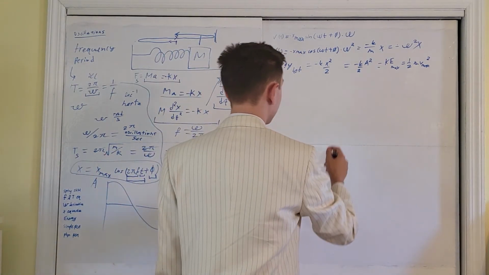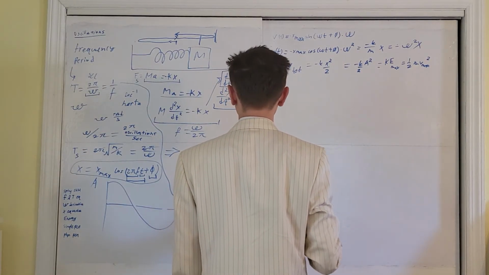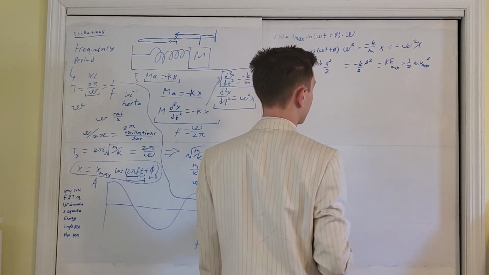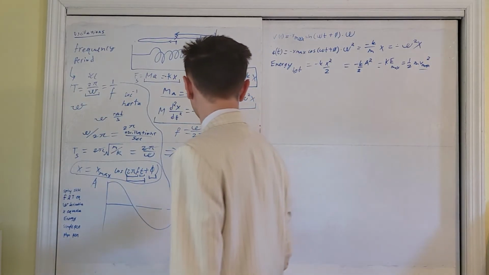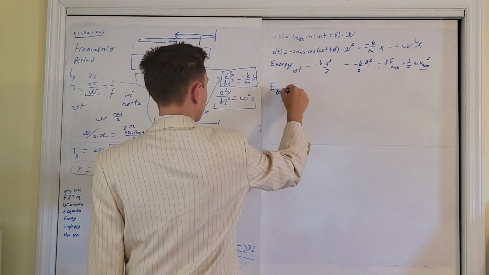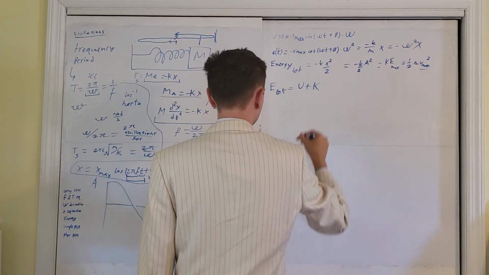Therefore, if you're given the spring constant of the spring, the amplitude to which it is extended, and the mass of the object, you will be able to calculate its maximum velocity. Okay? Because we know that the total energy of a system is always equal to the total potential plus the total kinetic energy of a system.